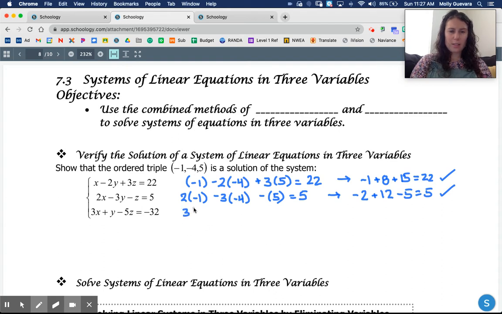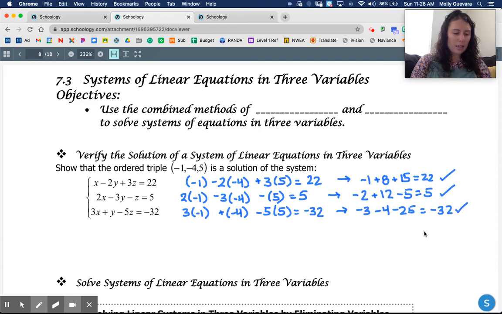And then in the last equation, we're going to plug in -1 for x, plus -4 for y, and then +5 in for z. And so that gets me -3 minus 4 minus 25, which equals -32.